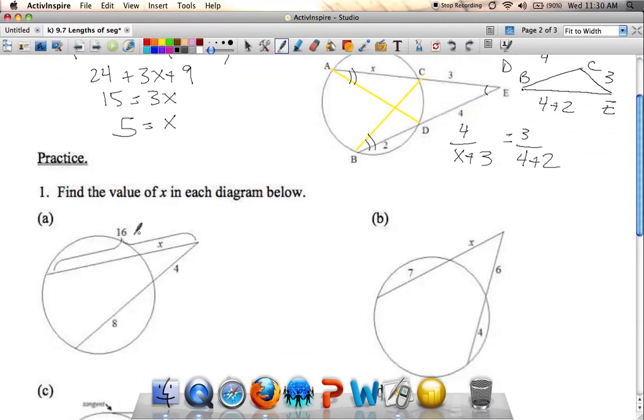So let's try to do this one here. They give you that this distance is x, and this whole distance is 16. So the relationship is the following. x, which is the piece on the outside, is to 16, as 4 on the outside is to this whole secant, which is 12. 12x equals 64.